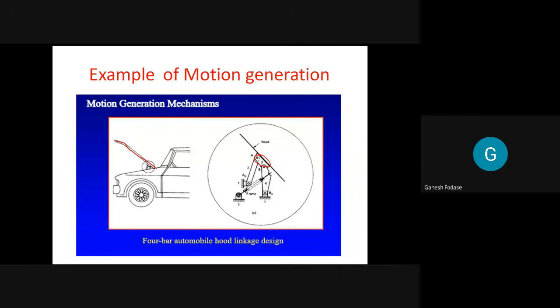If your requirement is that output motion should be according to input motion, it comes under function generation. If a point on a coupler link should trace a specific path, it will be path generation. And if coupler link motion is important for you, it will be a motion generation problem. I also briefed these three cases. I hope it is clear. Is it clear, these three cases? Path, function, and motion.